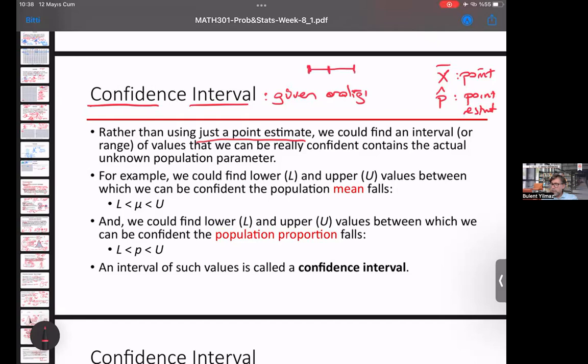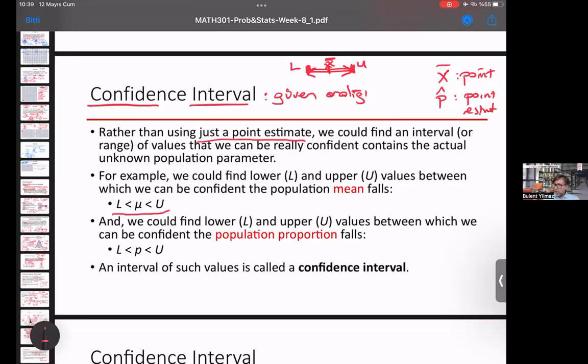This is something I found, x hat, and this is the lower bound, and this is the upper bound.